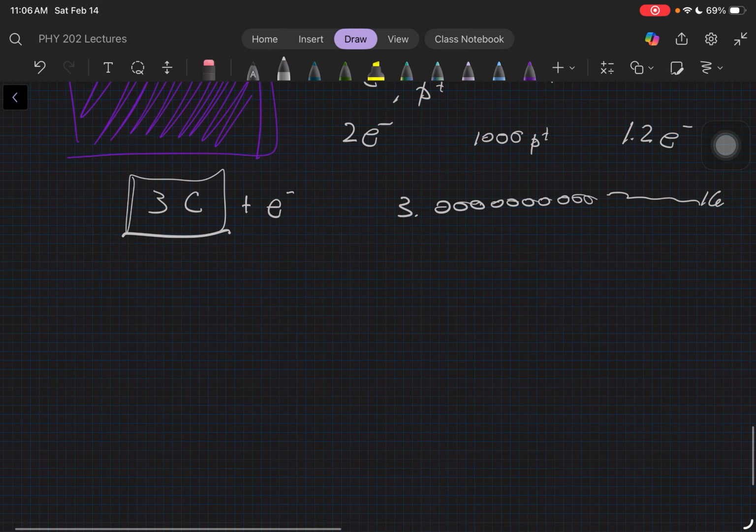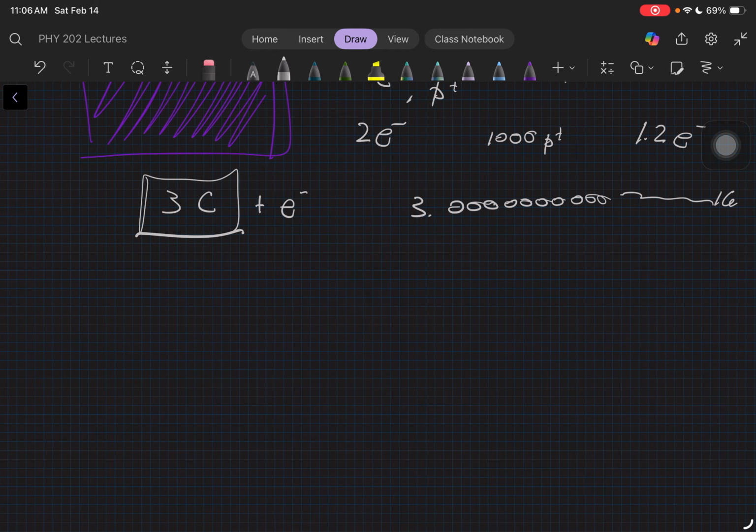Okay. And then the other thing we want to talk about is that charge is conserved. And so that means that, let's say we have maybe some kind of a junction in a circuit.